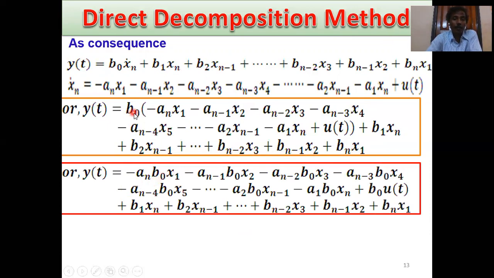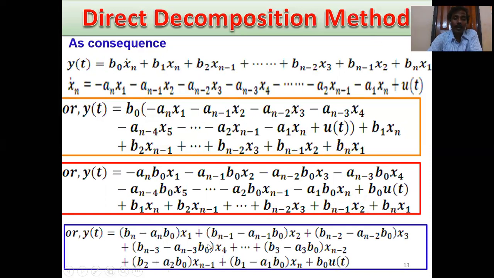Multiply by b0 throughout, so minus an b0 x1 minus an minus 1 b0 x2 minus an minus 2 b0 x3 dot dot dot b0 into u of t plus b1 xn dot dot dot bn minus 1 x2 plus bn into x1.